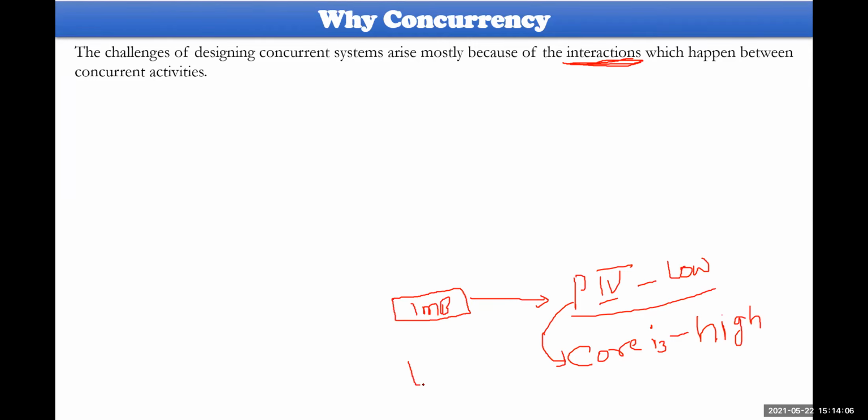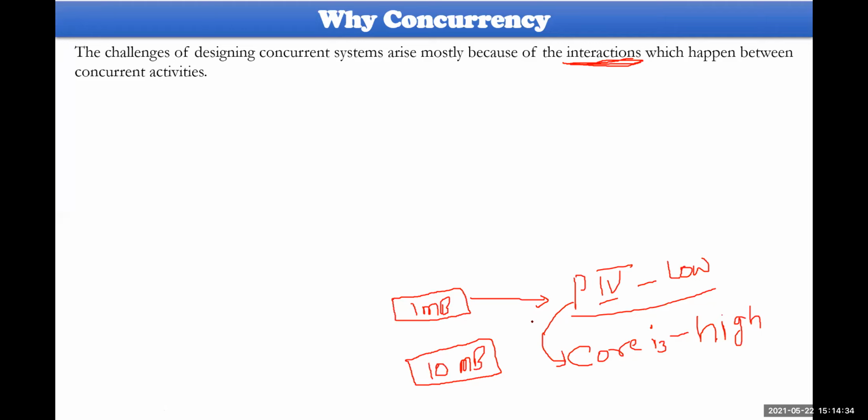And the size of the network buffer of the Core i3, let me say 1 gigabyte, for example. Okay, 10 MB, simply speaking, for simplicity, because from an explanation point of view we'd like to take 10 MB. So the buffer size of the Core i3 is very high when compared to the Pentium 4.